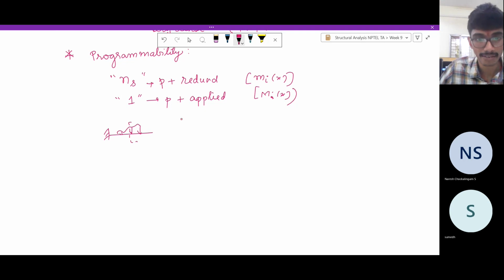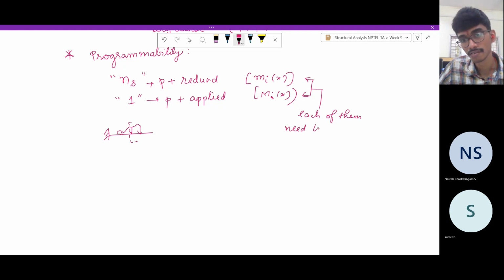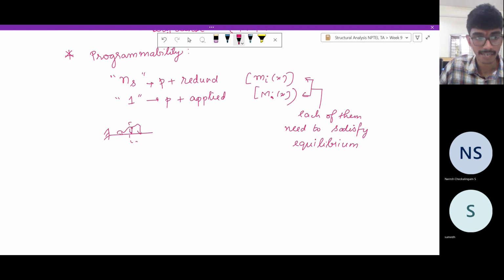So, for each of them, we need to satisfy equilibrium, which is a very difficult task in general. If you have a full multi-story structure, taking each beam, a multi-story structure is statically indeterminate to a very high degree.